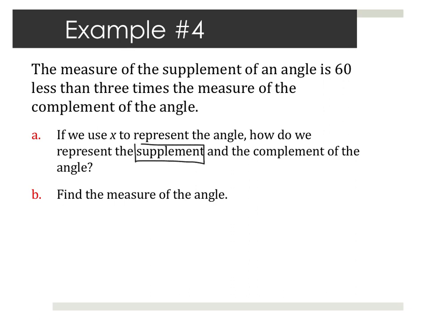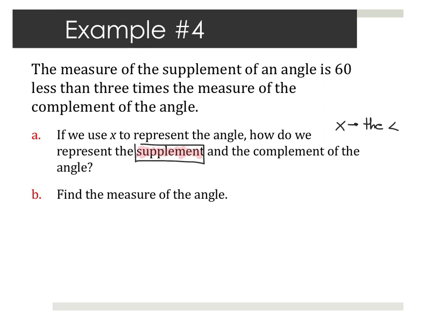Well, the supplement, keep in mind, is supplementary angles add up to be 180. They have a sum of 180 degrees. So if I said x is the angle, okay, so x, the angle. If I said the angle is 50, what would its supplement be? Hopefully you're thinking to yourself a number.